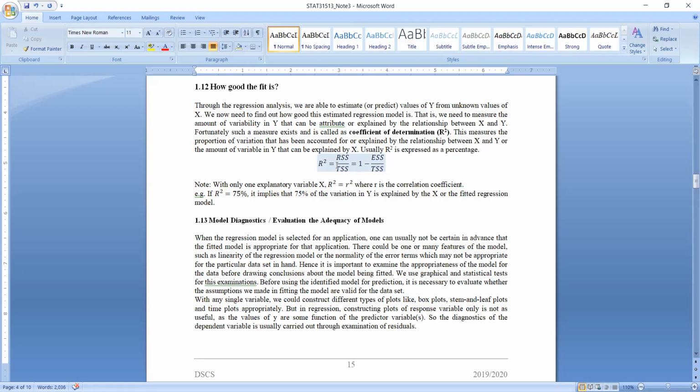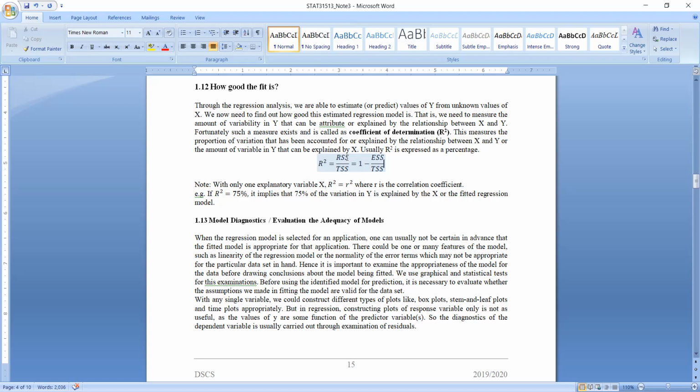In most of the cases, we will never come up with a value for r squared which is equal to 1. When you fit these regression lines, for the r squared value we have a percentage. You will see when we are doing the practicals also, in the computer outputs, we have this r squared value as a percentage, right?